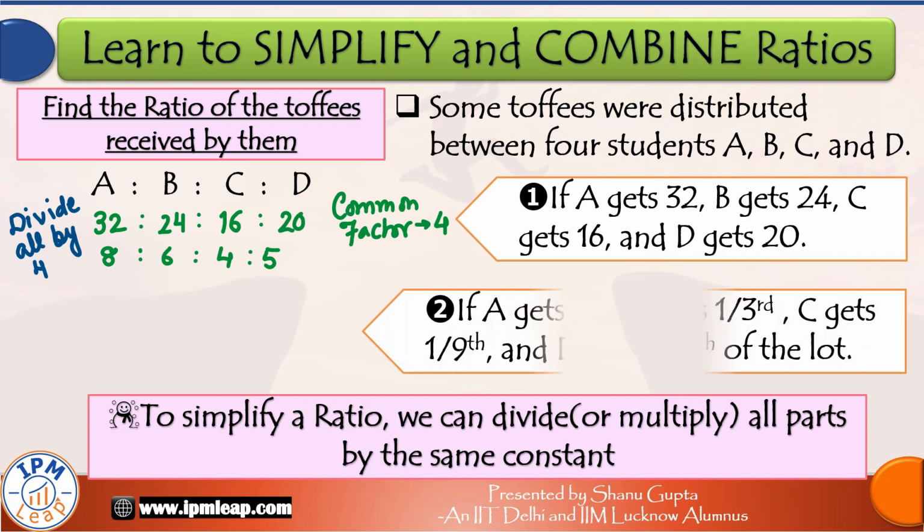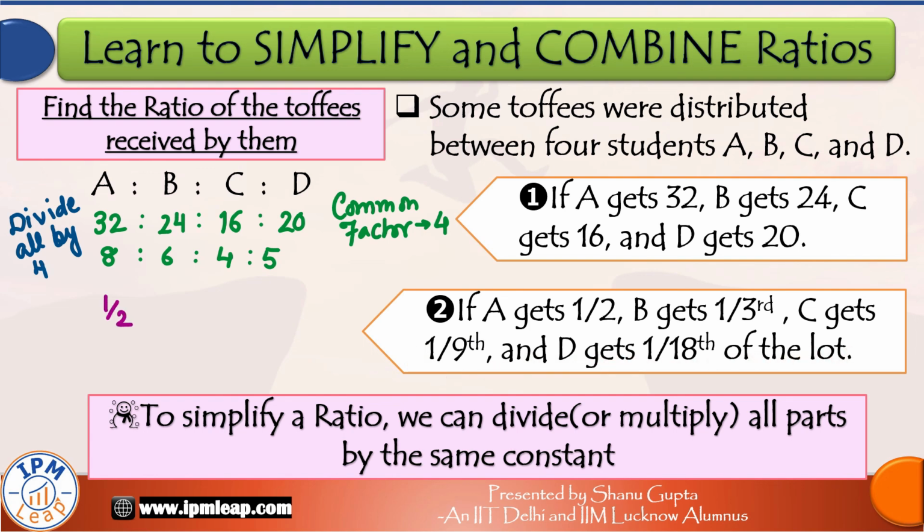What if A gets half, B gets 1/3, C gets 1/9 and D gets 1/18 of the lot? For our required ratio, we write these fractions first. A is half, B is 1/3, C is 1/9 and D is 1/18. We need to simplify it further.